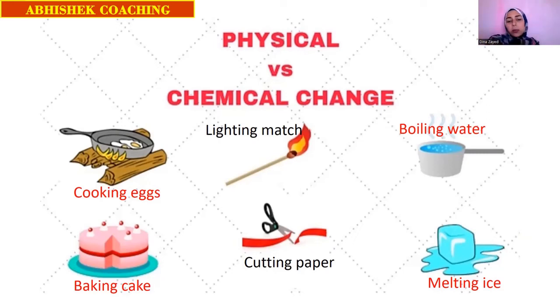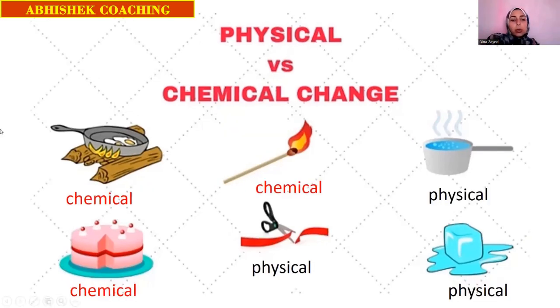Cutting paper, as we said, cutting the paper is a physical change. Melting of ice is also a physical change. So, cooking an egg is chemical, lighting a match is chemical, boiling water physical, baking a cake is chemical, cutting paper is physical, and melting ice is physical.